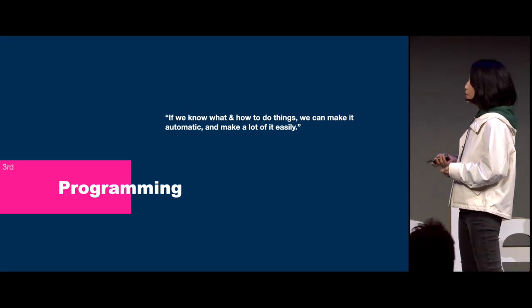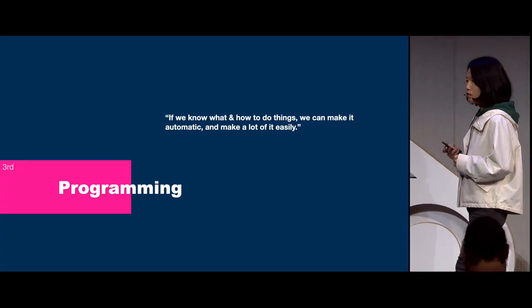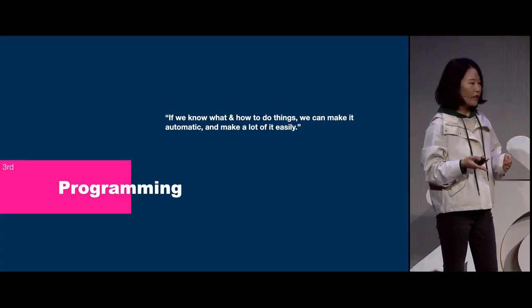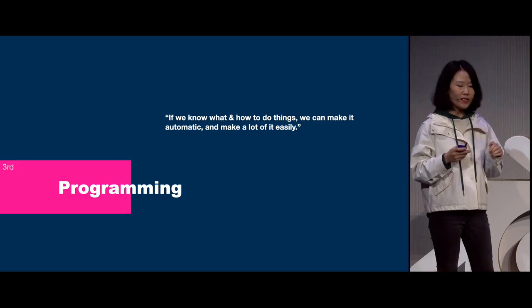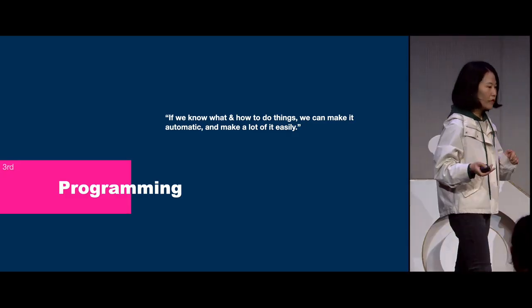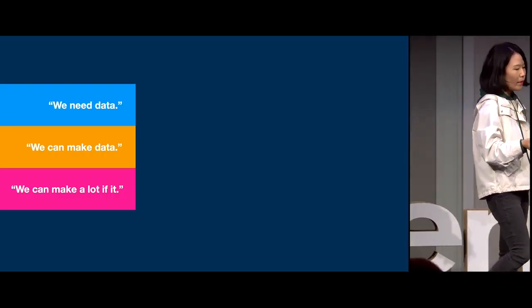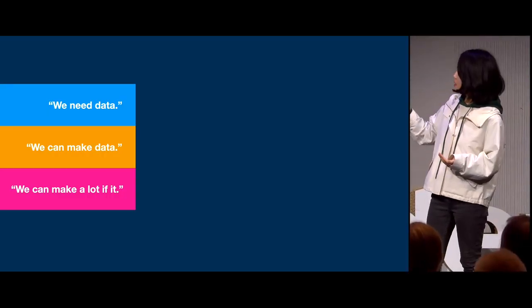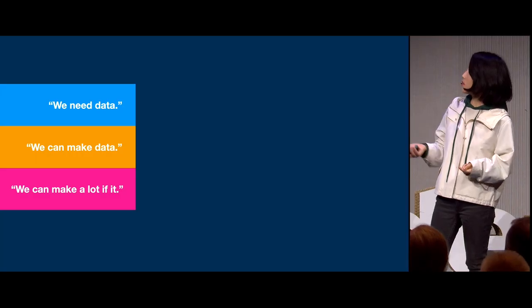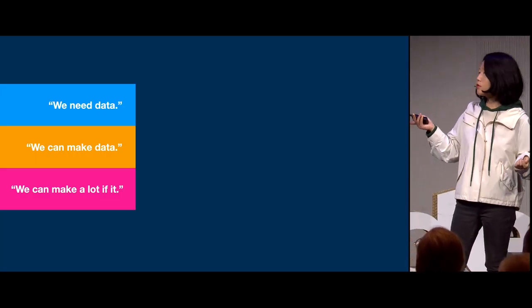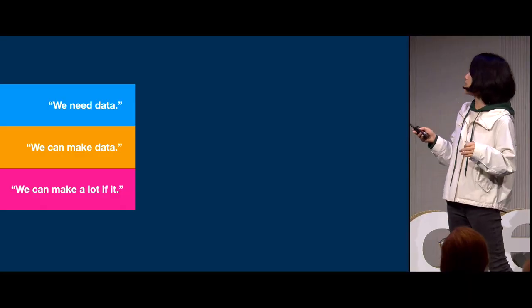The idea is that if we know exactly what to do and how to do it, we can make it automatic, and we can easily make a lot of it. So this is what synthetic data does, because AI needs data, and our 3D artists can make data, and programming can help us to make a lot of it.